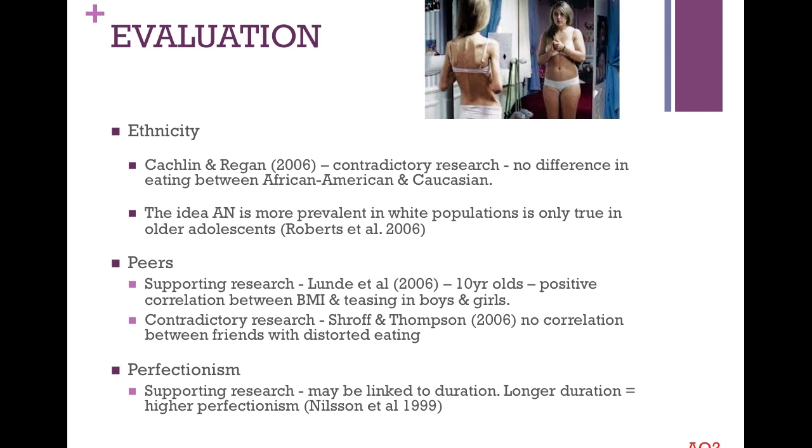What they found is the longer the person has suffered from anorexia, the higher the levels of perfectionism detected through various tests, it could be questionnaires, for example. So there does seem to be a direct link, specifically in terms of how long they've had the disorder. But again, there's cause and effect there. Is the longer duration of anorexia causing higher perfectionism, or is higher perfectionism causing longer durations of anorexia? That's still a little bit of an unknown.